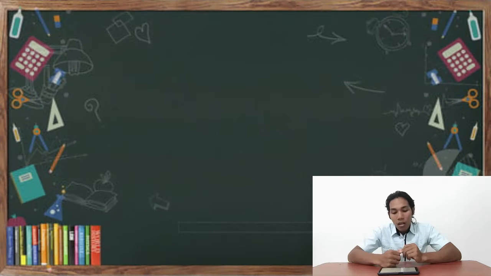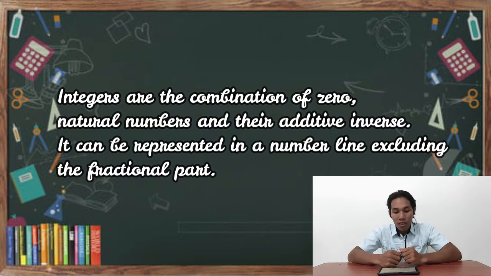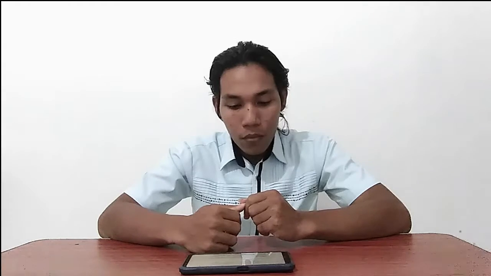So, what are integers? Integers are a combination of zero, natural numbers, and their additive inverses. They can be represented on a number line, excluding the fractional part. There are positive and negative integers.